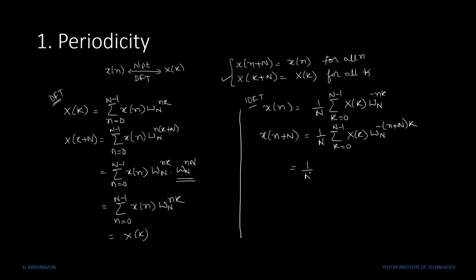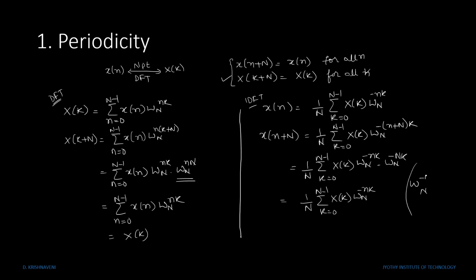So this is 1 by N summation k equal to 0 to N minus 1 x of k. Now we will expand this, W_N to the power of minus nk into W_N to the power of minus Nk. Now this is 1, so we'll get 1 by N summation k equal to 0 to N minus 1 x of k W_N to the power of minus nk.